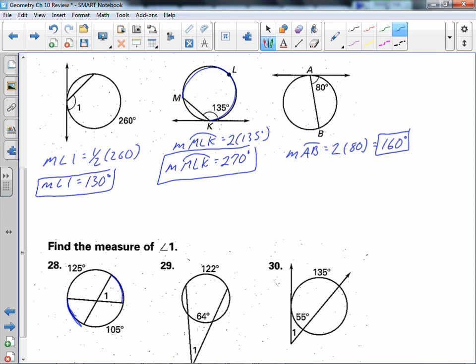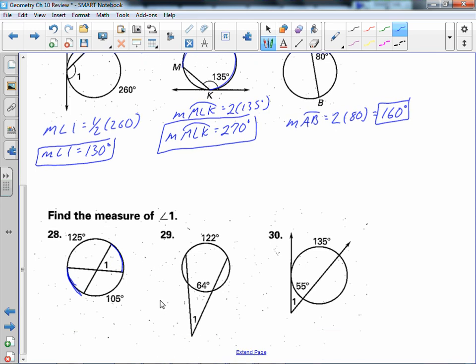Problem is they didn't give us the measure of those two arcs. They gave us the measures of the other two arcs. But since all four arcs together are going to equal the whole circle, and we just need to know half of the sum of these two, if I subtract these two angles from 360, what's left would be the sum of the two blue arcs.